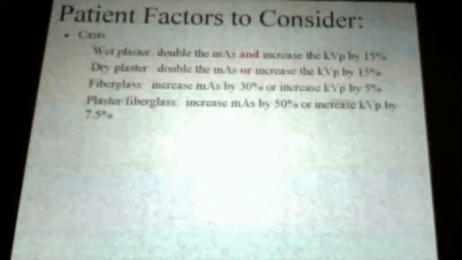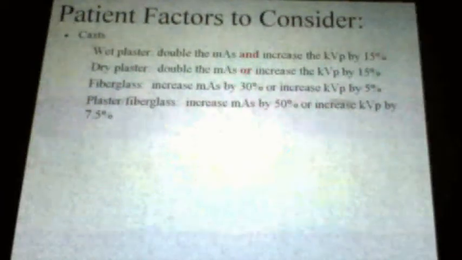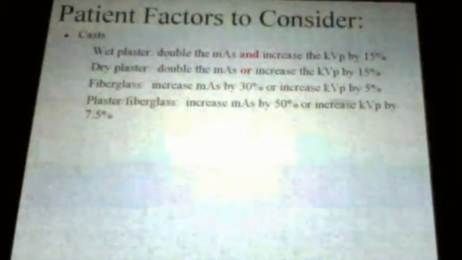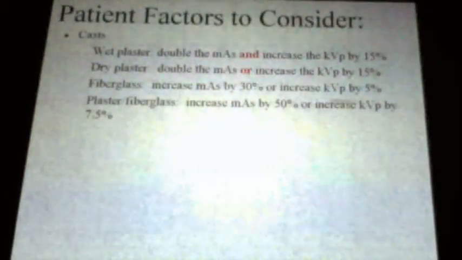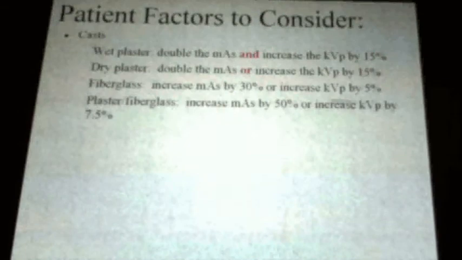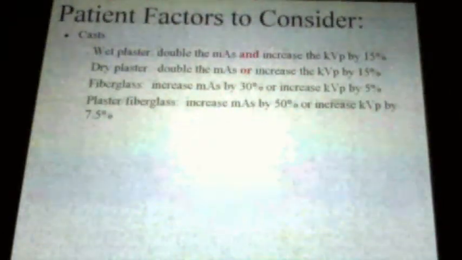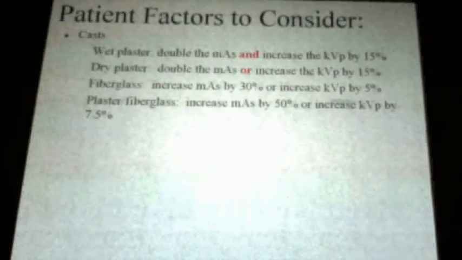So the way you solve this problem is instead of doubling your mass for a plaster cast, you're going to cut your mass in half when you remove the plaster cast. So the new technique would be 60 kVp and 5 mass. That would work without the plaster cast. You're just cutting the mass in half.